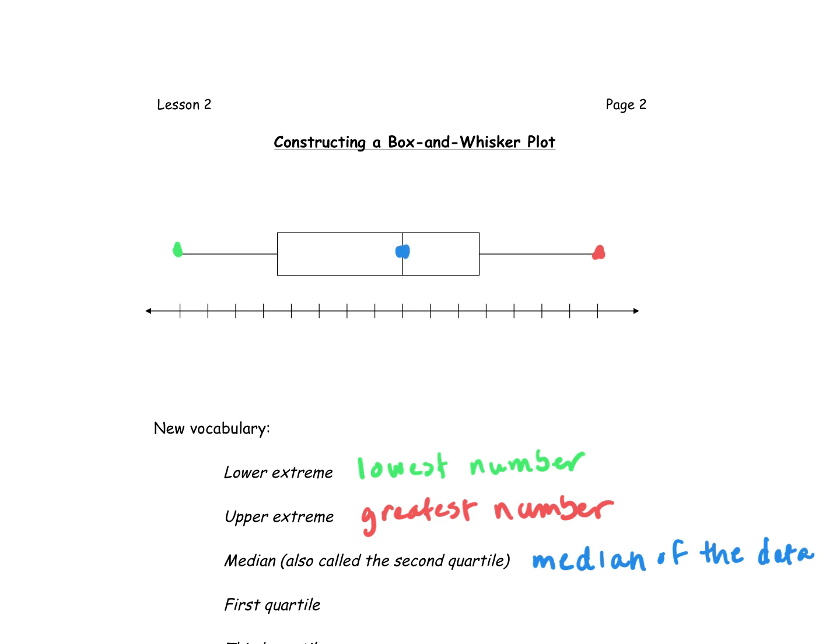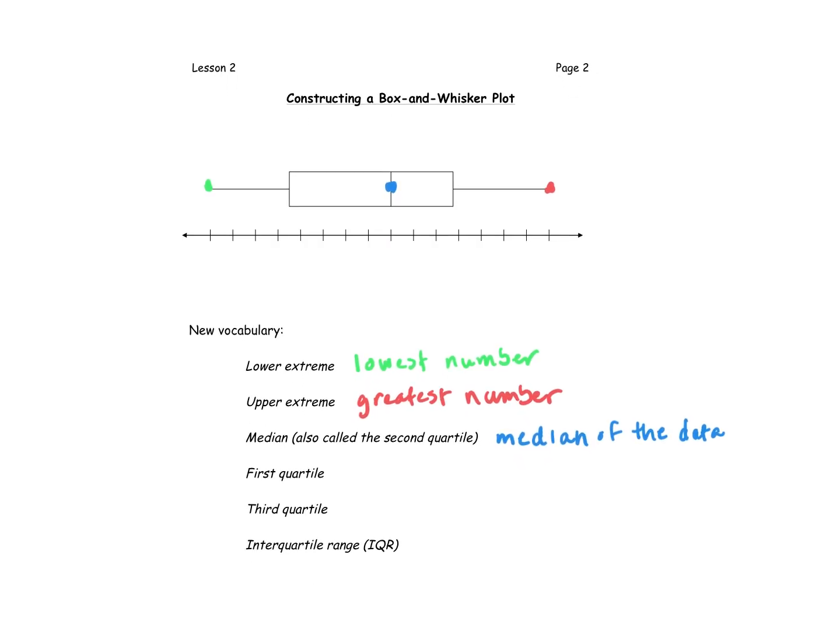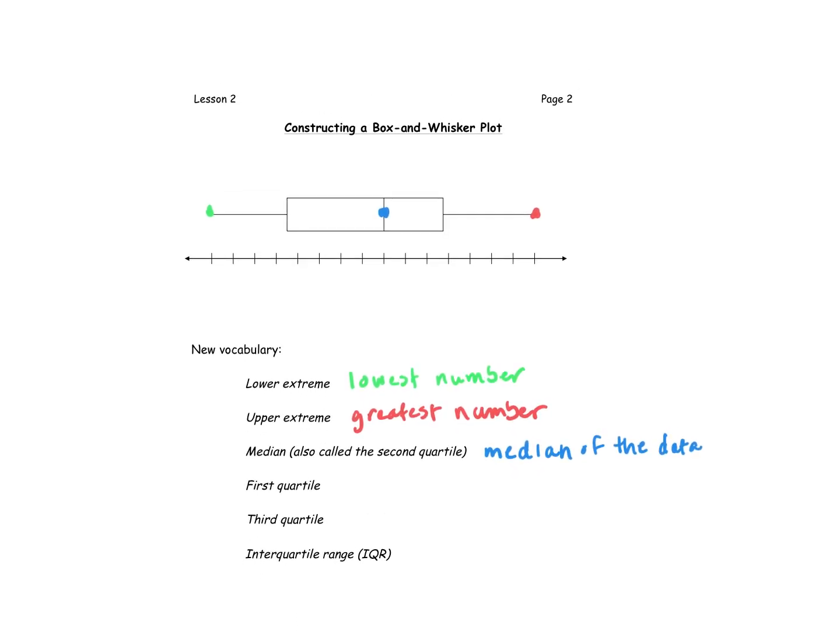So please make sure you have those points. The next number that we're going to find and then locate is referred to as the first quartile. And that's located right here.